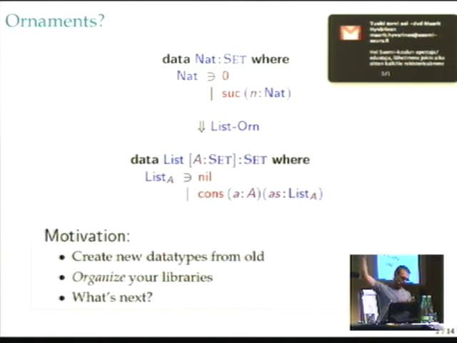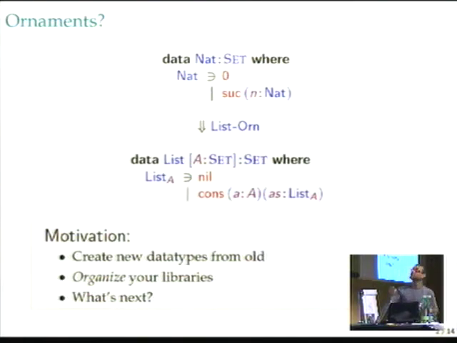So ornaments are a story about data types and the evolution of data types. The standard, typical example of an ornament is natural numbers. As a data structure, it's a linear object: successor, successor, successor, and then 0.